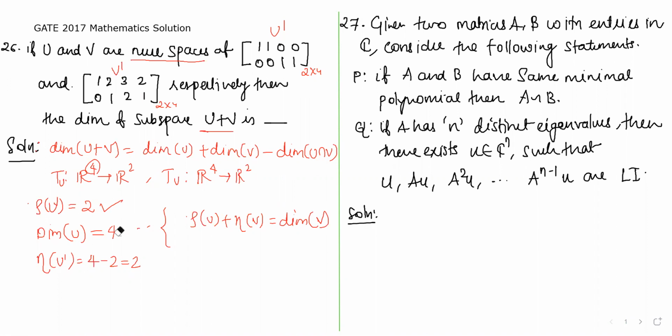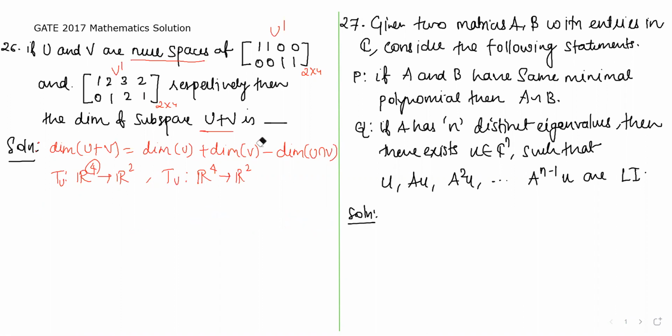Now the same ideology will be applied to the second matrix. So I'll simply say U is a null space, so the dimension of U we found to be 2 because the rank is 2.